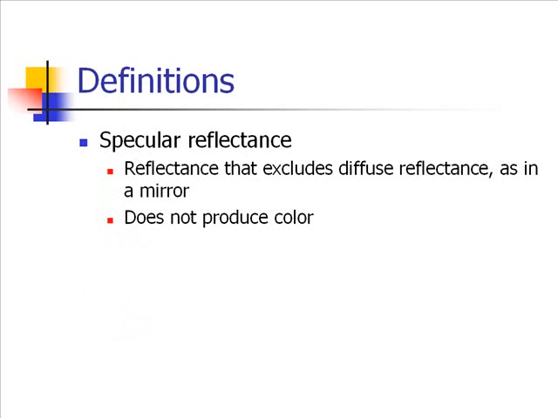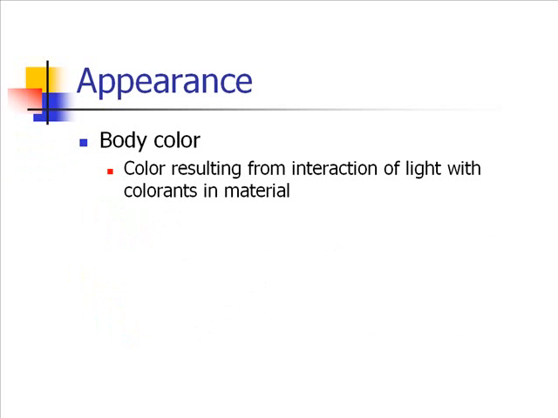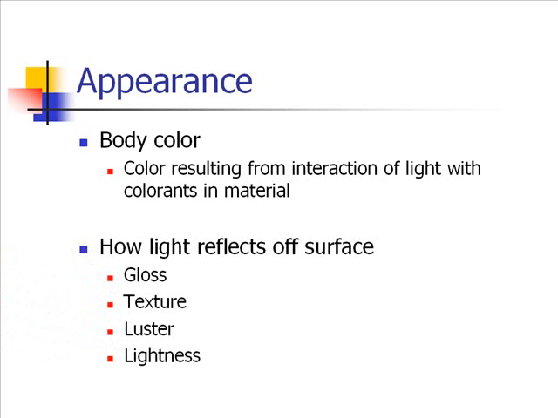Specular reflectance does not produce the color. Diffuse reflectance produces the color. So our body color, the light interacting with the colorants in the material, and how the light reflects off the surface, we talk of in terms of gloss and texture, luster, lightness, and we'll see how the gloss or the texture of the material can affect the lightness of that material.